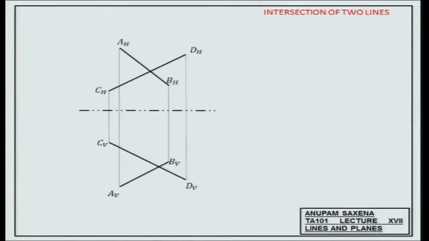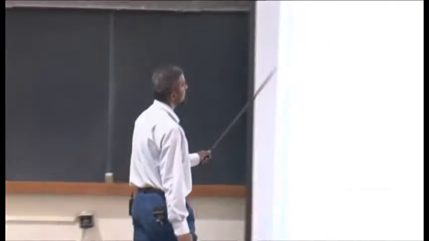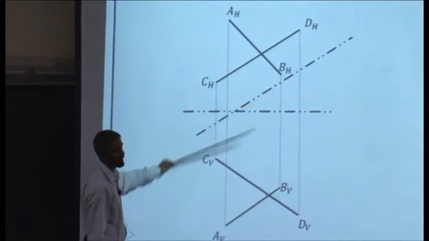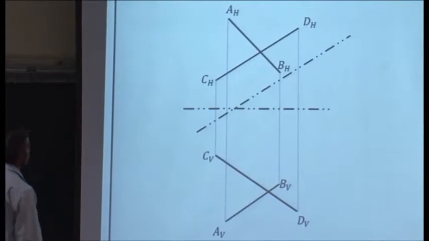Hinge line, follow these steps carefully. I choose to figure out the true length of CD, line CD, and that's the reason why I am going to be making an auxiliary plane where this projection of CD is going to be parallel to this hinge line. Okay?